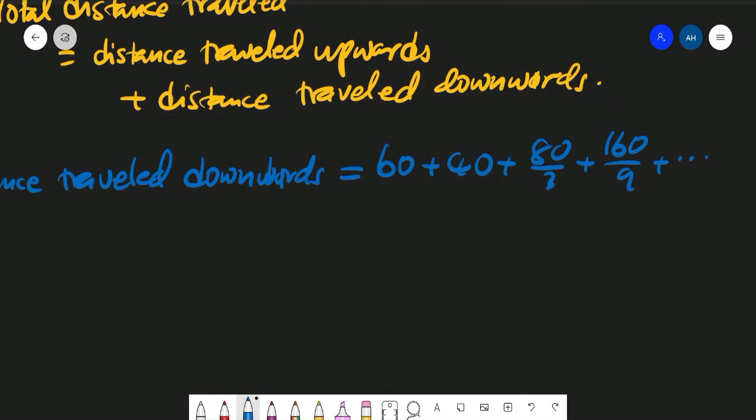All right, so the value that we are looking for is actually S infinity. Remember the formula for S infinity? That is A1 over 1 minus R. R in this case is 2/3, because R equals 40 over 60, which is 2 over 3, right? And A1 is equal to 60.